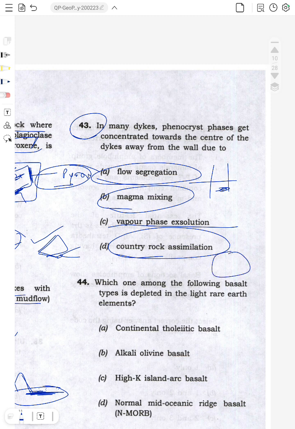So country rock assimilation kind of comes from the term कि country rocks में assimilation, or vapor phase exhalation is something escaping of the gases or volatile things from the magma, and magma mixing is the mixing of two types of magma. Flow segregation is something getting segregated on the basis of frictional resistance and velocity, as well as magma viscosity and flow velocity. So that is flow segregation.